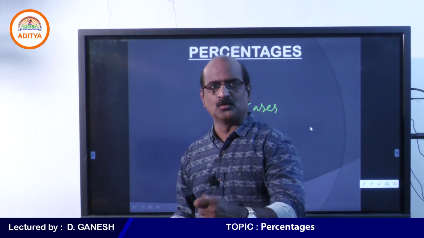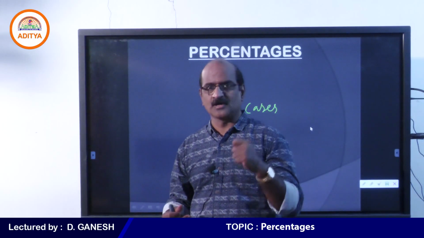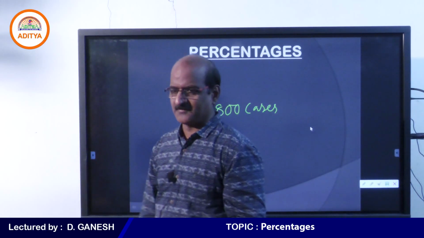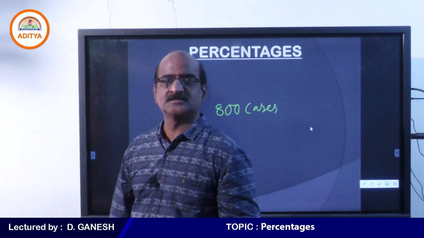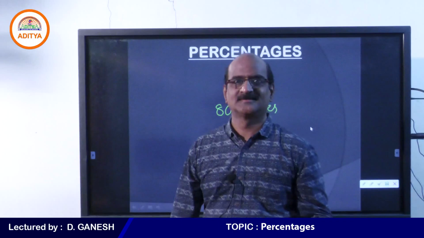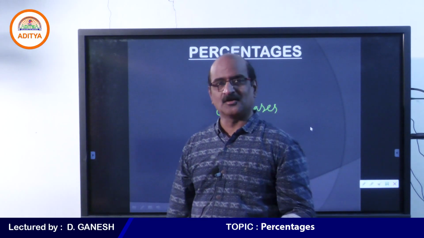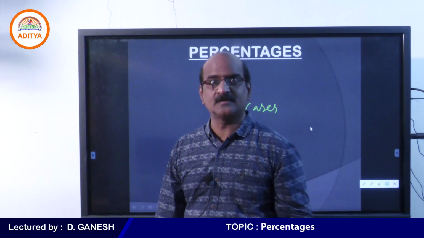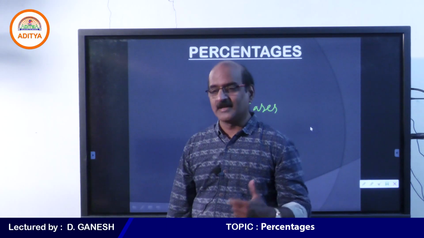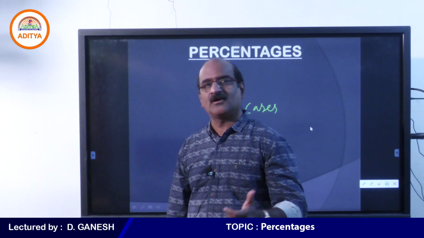May I know whether we are in the safe zone or not? Come on student, please let me know. No student, we cannot conclude like that. Just looking at the number of cases, we cannot say that we are in the safe zone, because we have to see how many tests you have conducted.